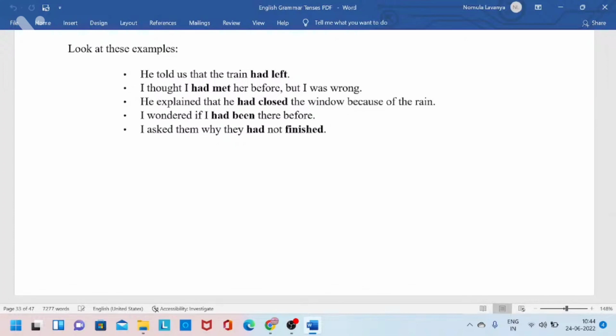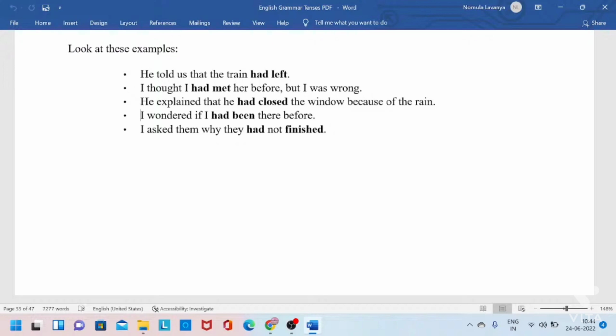I thought I had met her before, but I was wrong. He explained that he had closed the window because of the rain. I wondered if I had been there before. I asked them why they had not finished.